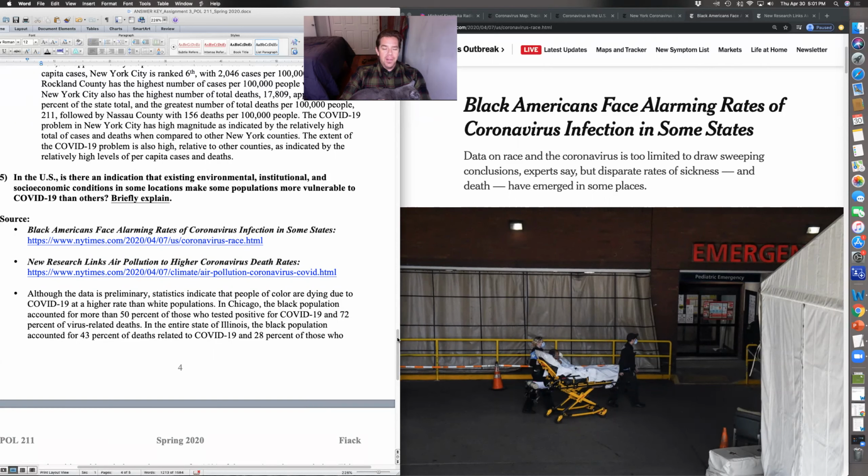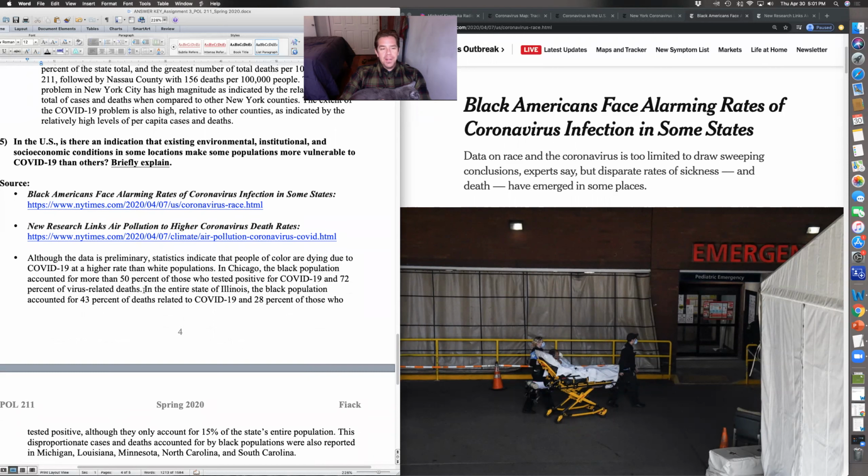And so it's important that we note that if you look at the data, and the articles highlight this, although this data is preliminary, the data so far indicate that people of color, and the articles I asked you to read particularly speak about Black populations, but just in general, people of color have been identified to be disproportionately impacted by COVID-19 relative to white populations, all right? So why is this?